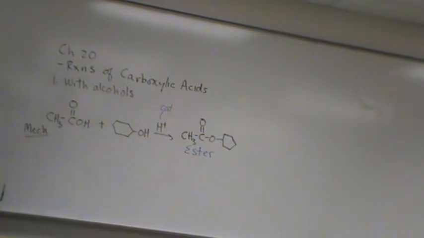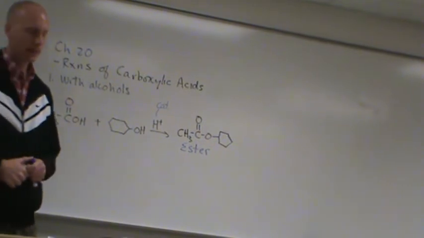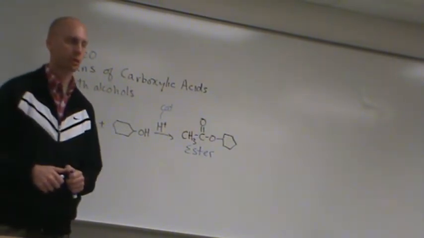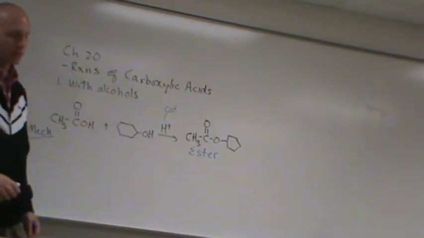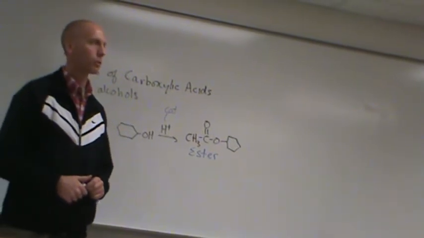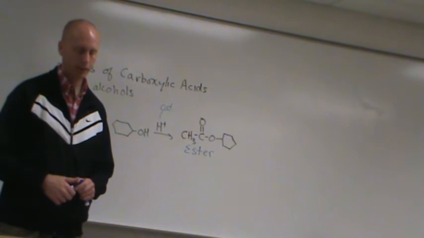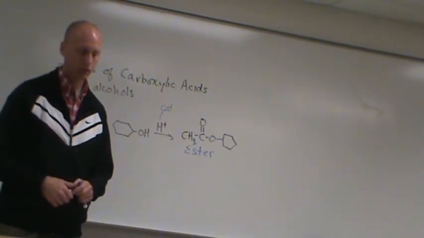In this chapter, there are two mechanisms that you want to make sure you have mastered. One is this mechanism, and the other is earlier on when we did the Grignard reaction to make carboxylic acids.